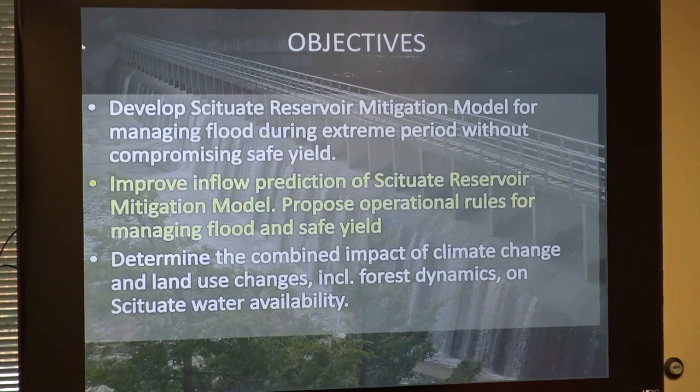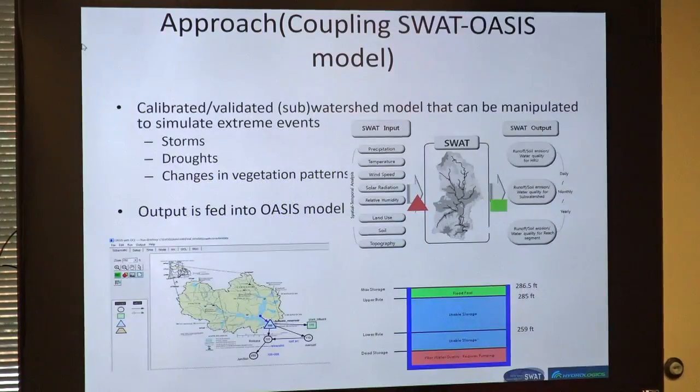So we looked at what kind of hydrological changes we anticipate if these kinds of insect infestations happen regularly, and whether or not that would have an impact on water quality that eventually goes into the Scituate Reservoir. So that's our work in progress right now. The highlight for today's talk is going to be mostly about this work, mostly looking at the safe yield aspect.